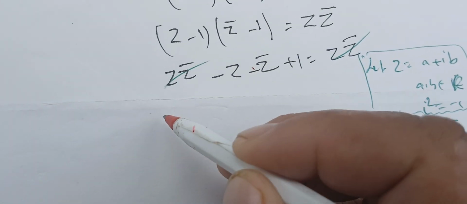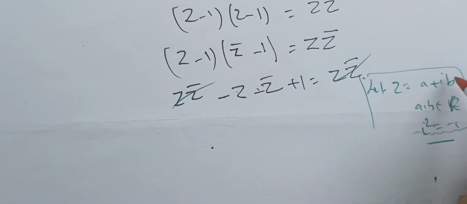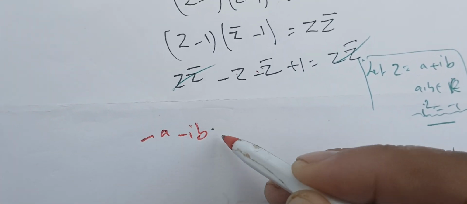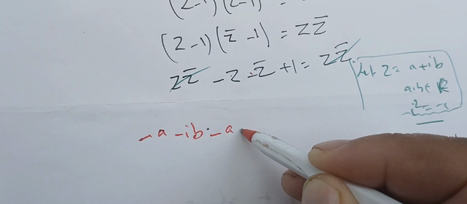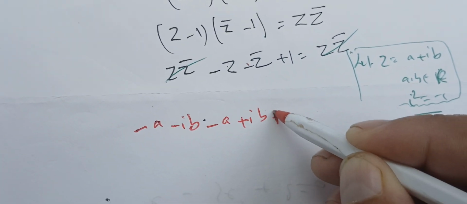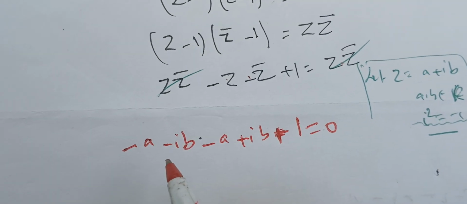Okay, here we plug in z as a plus ib. We have minus a minus ib minus a plus ib plus 1 is 0, because we cancelled z times z bar.